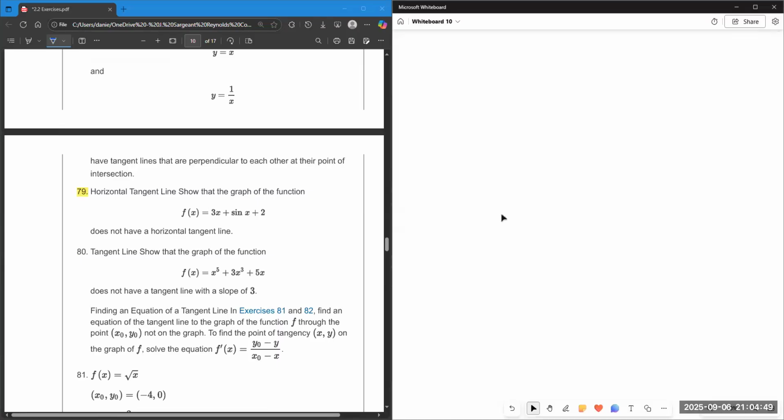Horizontal tangent line. Show that the function f of x equals 3x plus sine x plus 2 does not have a horizontal tangent line. So f prime of x equals 3 plus cosine x. And I want to set that equal to 0.